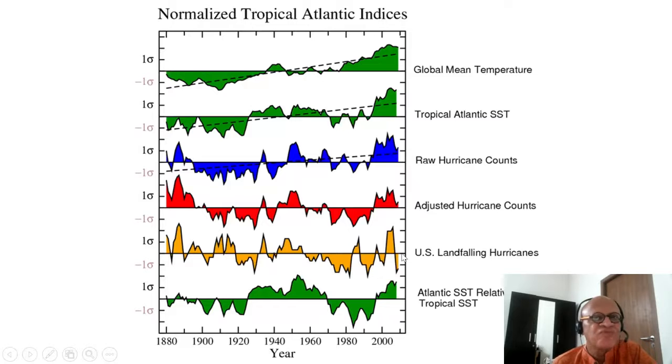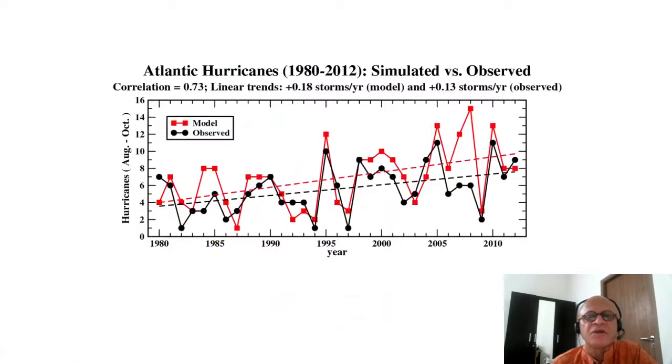So we are left with a lot of questions, but Atlantic hurricanes for 1980 to 2012, simulated versus observed. The correlation between models and observed is quite high, but the linear trends are not the same. So the model here is in red and observed are in these black dotted lines, the circled lines. The linear trends are 0.18 storms per year in the model, which is slightly higher than 0.13 storms per year in the observed.